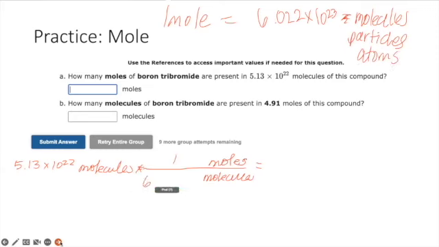So basically I can just put in 1 mole on top and Avogadro's number on bottom for molecules, and I can do the math, and I am left with moles.